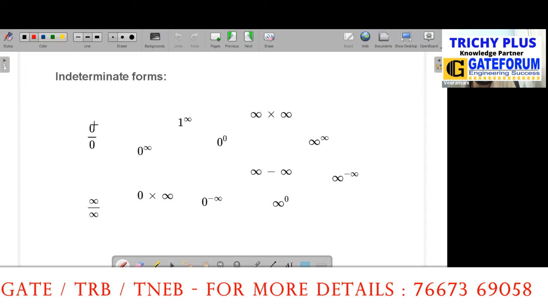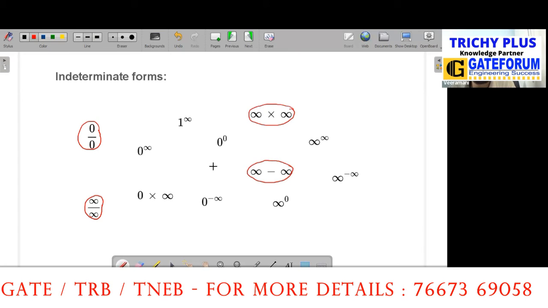Yeah. So 0 by 0, we know that it's an indeterminate form. Infinity by infinity. Then, come on. Infinity multiplied by infinity. Okay, infinity minus infinity.